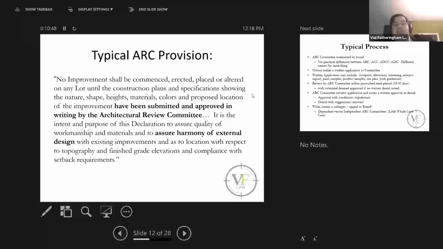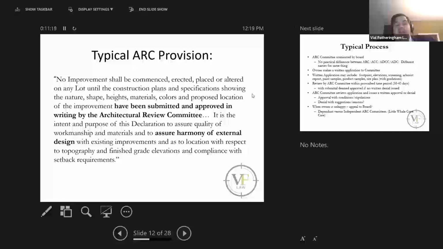Now, the other thing I want to talk briefly about is the second half of this ARC provision, where it talks about the intent and purpose of this declaration to ensure quality of workmanship and materials, to ensure harmony of external design with existing improvements, and as to location with respect to topography and finished grade elevations and compliance with setbacks. So this provision, if you notice, we kind of cut short.